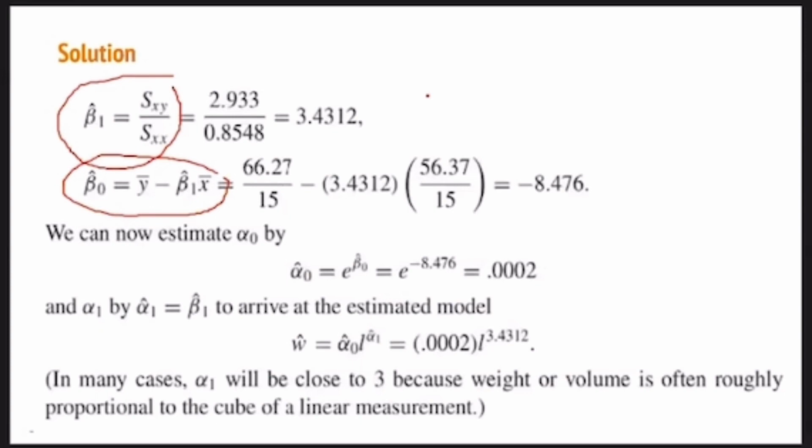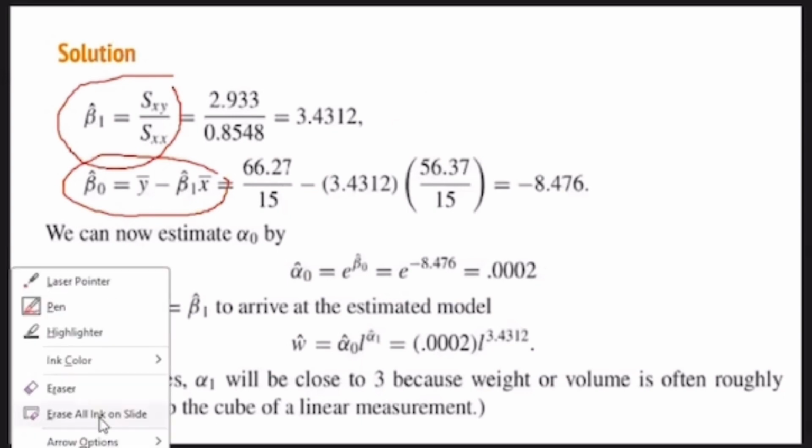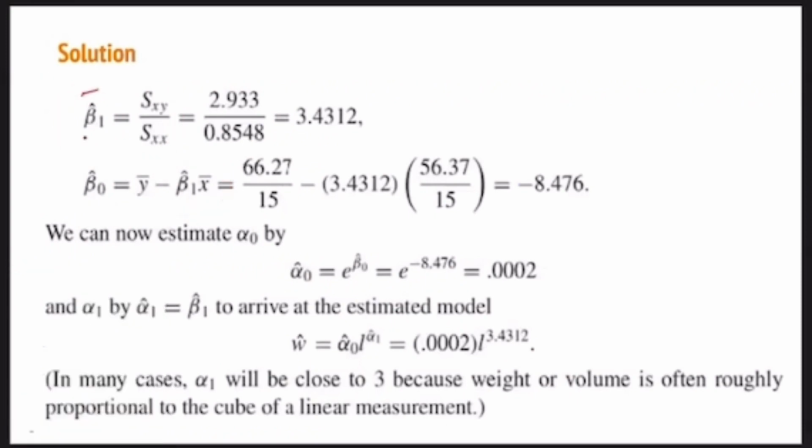Beta 1 cap. Now, you know the other time we proved that this guy and this guy, they are connected, because the covariance is not equal to 0 when they are related. The only condition under which they are not related is when X bar is 0. So right now, if you want to get the right value for beta naught cap, your beta 1 cap has to be correct.